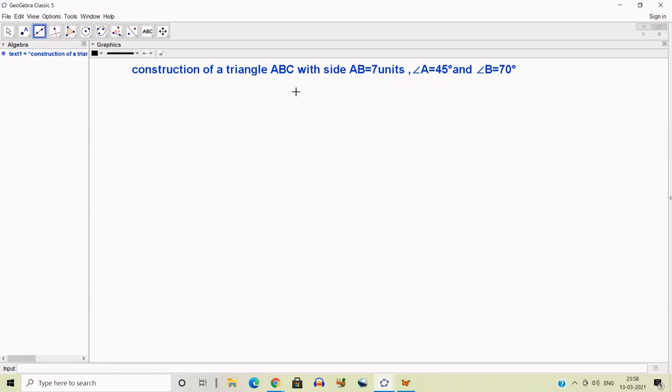First of all, in order to construct this triangle ABC, we have to draw a line segment AB of 7 units. So let's have a line segment with the given length, that is, we have given 7 units. So we got a line segment having 7 units. Now we have to draw angle A, which is given to be 45 degrees.